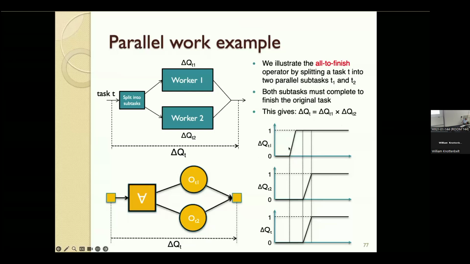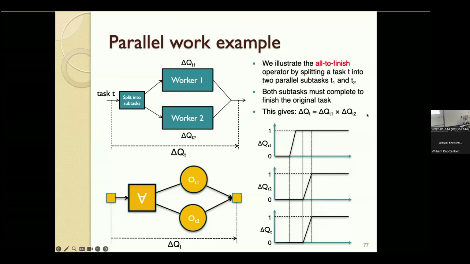So for example, if T1 takes a little bit of time, it's uniform. T2 takes more time, it's also uniform. Then the full one will of course take the time of the slowest one, okay? And semantically, you can show that it has to be the product of the two delta Qs, okay?